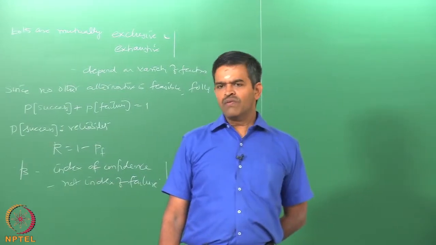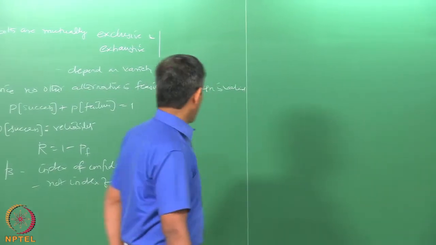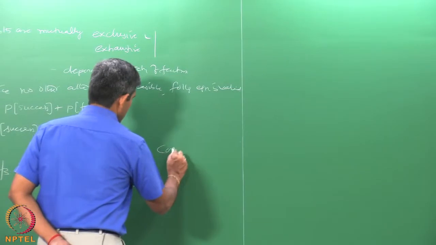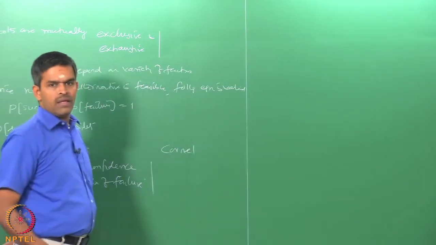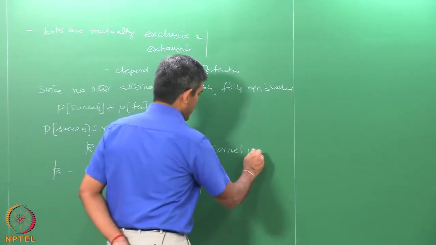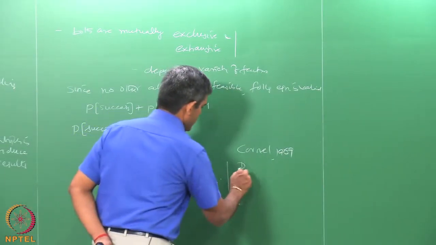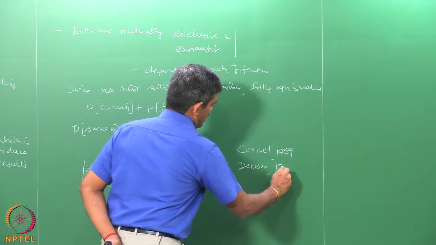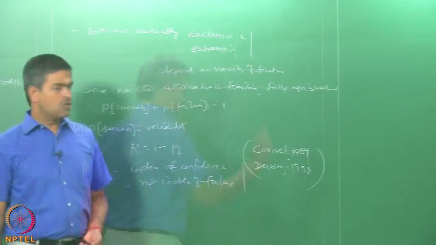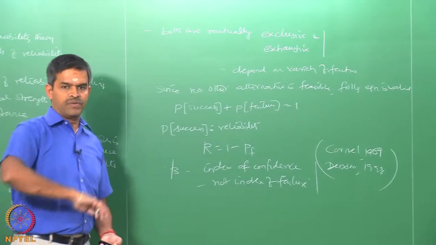This is one of the better ways of looking at the failure theory as given by Cornell in 1969, as also mentioned by Denson in 1998. So, do not look at the failure, look at the success of it.